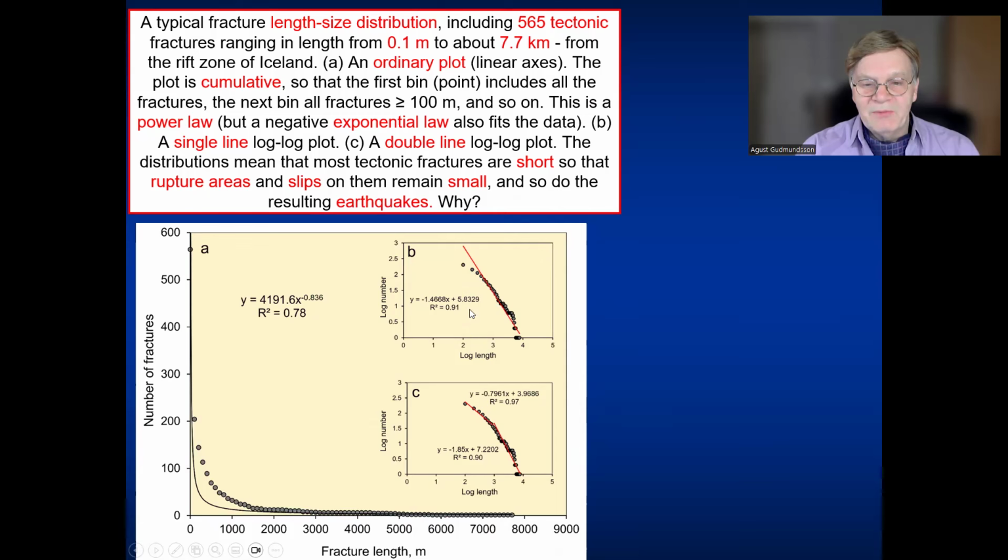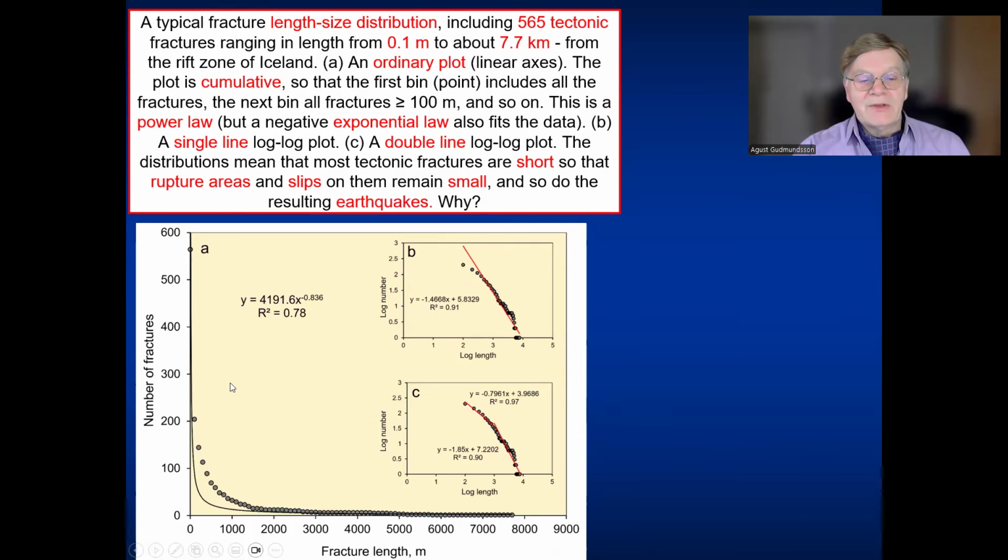And we see it would fit better with 2 or even 3, but often 2 straight lines. And there is, as I discussed earlier in these lectures, often a change where the break is here in the mechanics. So often the shorter ones would be of different types of fractures. Often in Iceland would be tension fractures, and the longer ones would tend to be faults. In the rift zone, of course, normal faults.